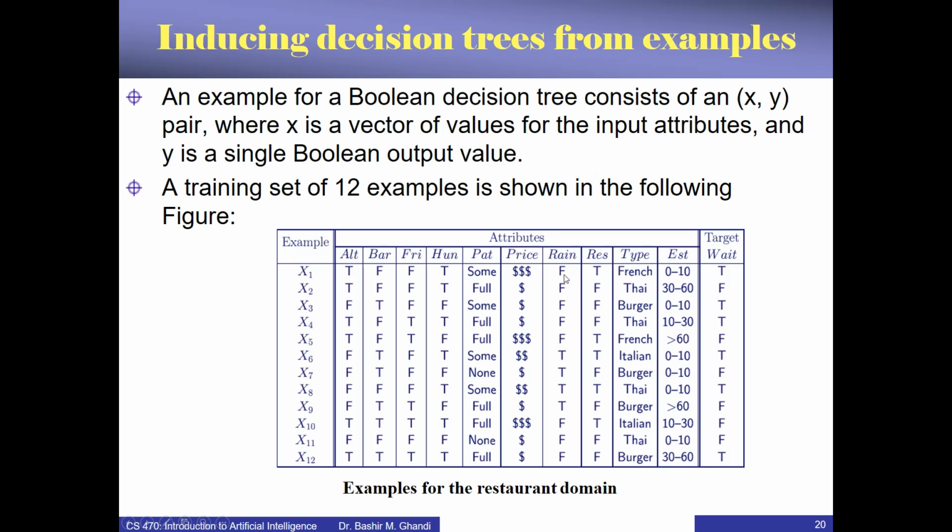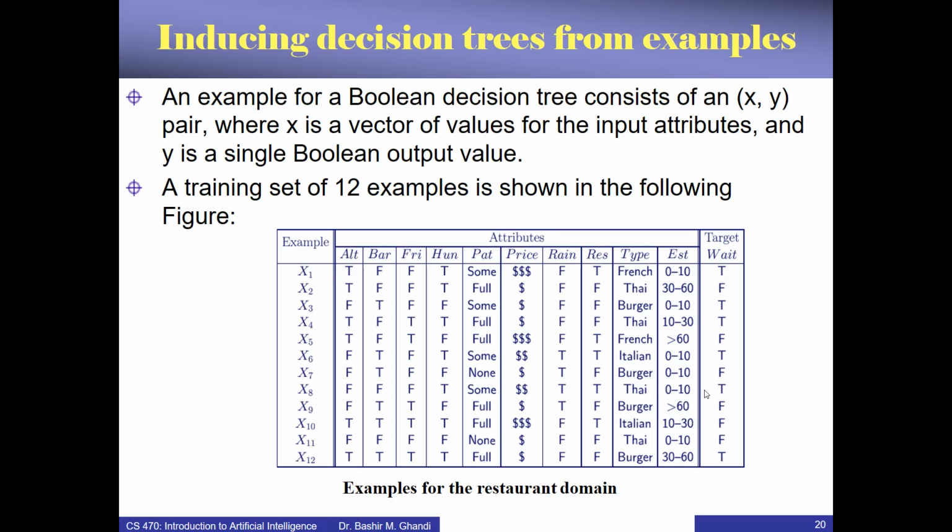It is not raining, and this particular customer has a reservation, and the type of restaurant is French, and the estimated time is between 0 to 10. So this example says the customer decided to wait. This is the answer, and so on and so forth. So these are the examples we have.